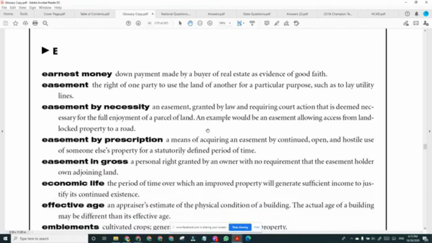Okay, we're now going into the E's. Earnest money. Down payment made by a buyer of real estate is evidence of good faith. So every time we have a contract between a buyer and a seller, whether we represent the buyer or the seller, we want to make sure we have earnest money. It's very rare, in my experience, because remember, we don't have to have money.